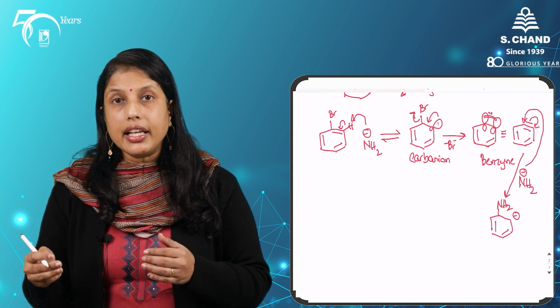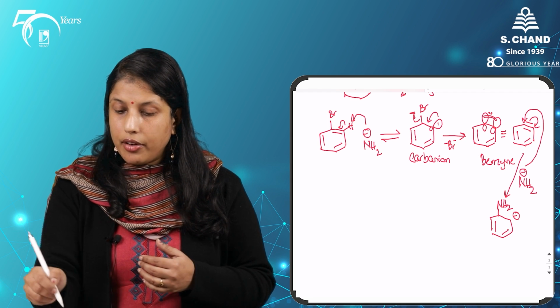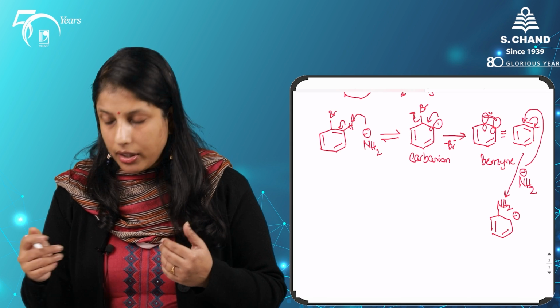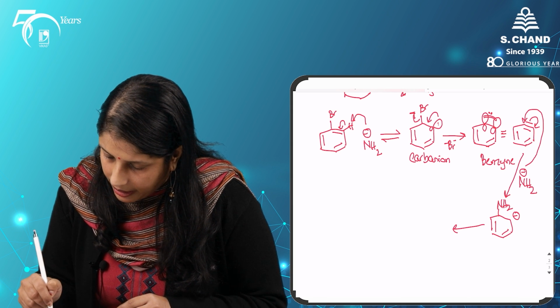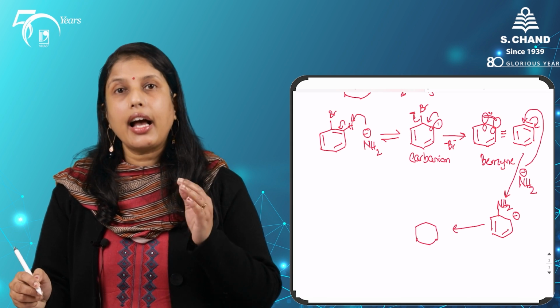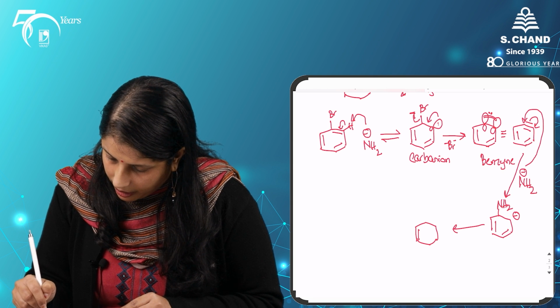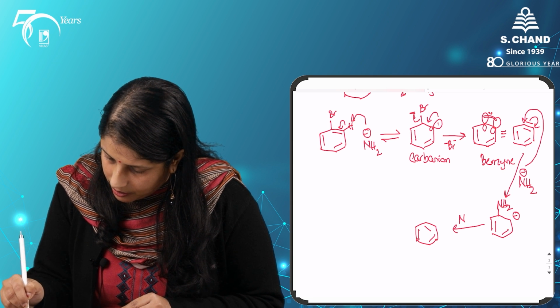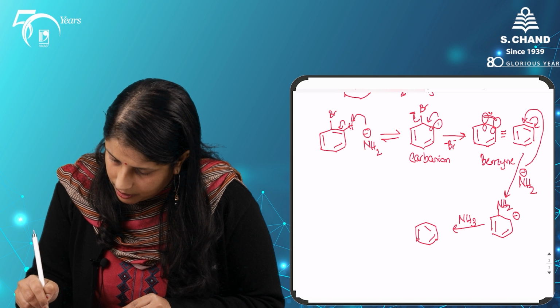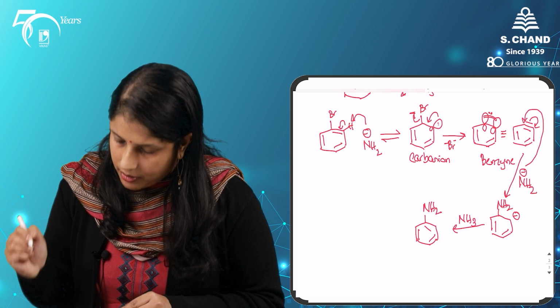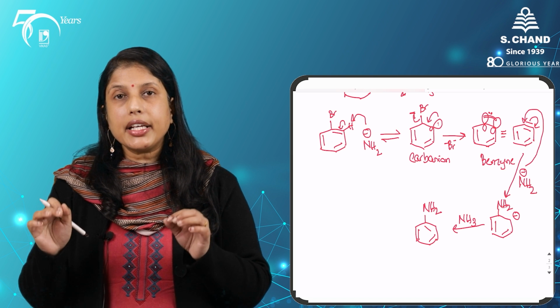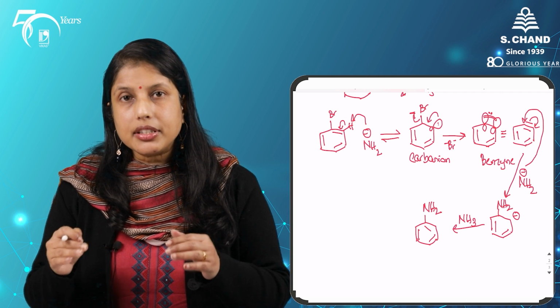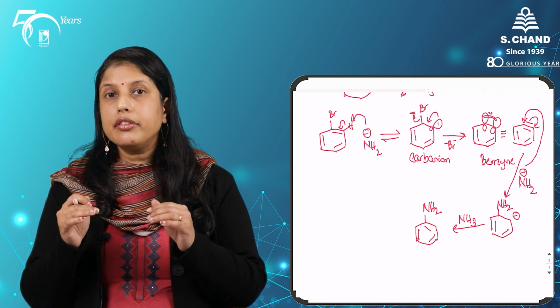This will then abstract a proton from the ammonia, our solvent, and it gives our product aniline. So, this mechanism, which happens through the benzyne reactive intermediate, is known as the elimination addition mechanism.